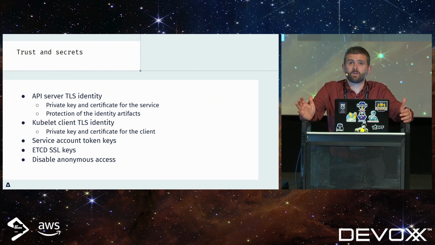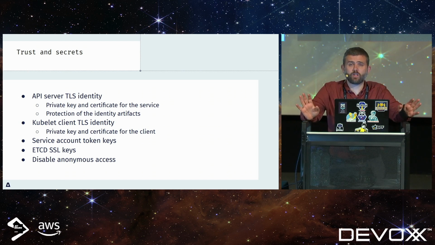The API server is talking to the Kubelet, and authenticating itself against the Kubelets with a private key and a certificate. The same goes here. If you don't want to lose the protection of the communication channel between you and the Kubelets, you have to take care of these keys.